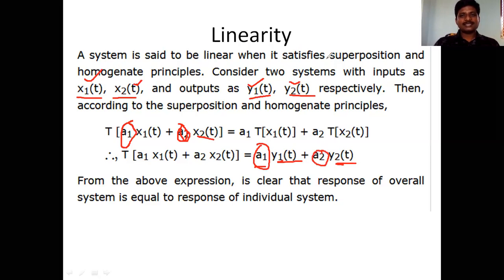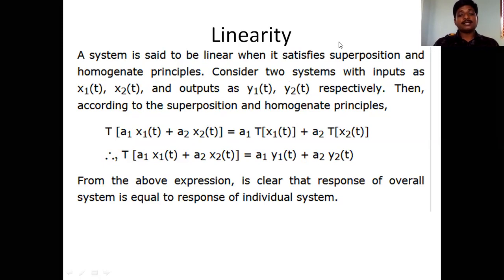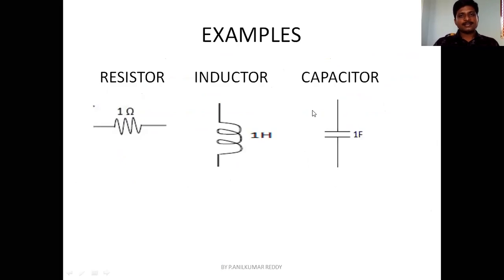So if this condition is satisfied, then we can say that this system is a linear system, or linear element. So when a system or an element satisfies the linearity property, that system is known as a linear system. Examples of linear systems, as you can see here, are resistor, inductor, and capacitor.